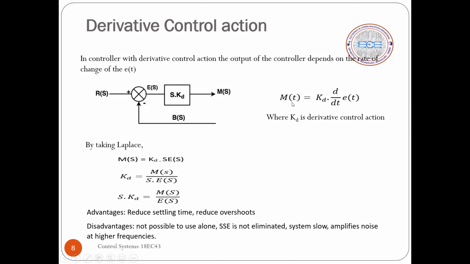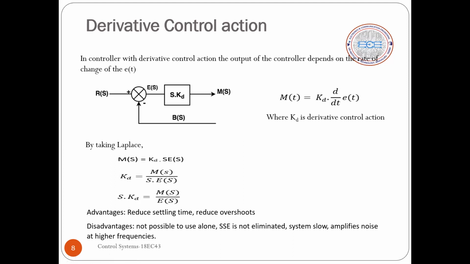According to the definition of the derivative control action, the output is the derivative of the error signal multiplied by a constant, KD, the derivative control action constant. That is M of t. Take the Laplace transformation of that and you get an expression for the transfer function, the output M of s divided by the error signal E of s.